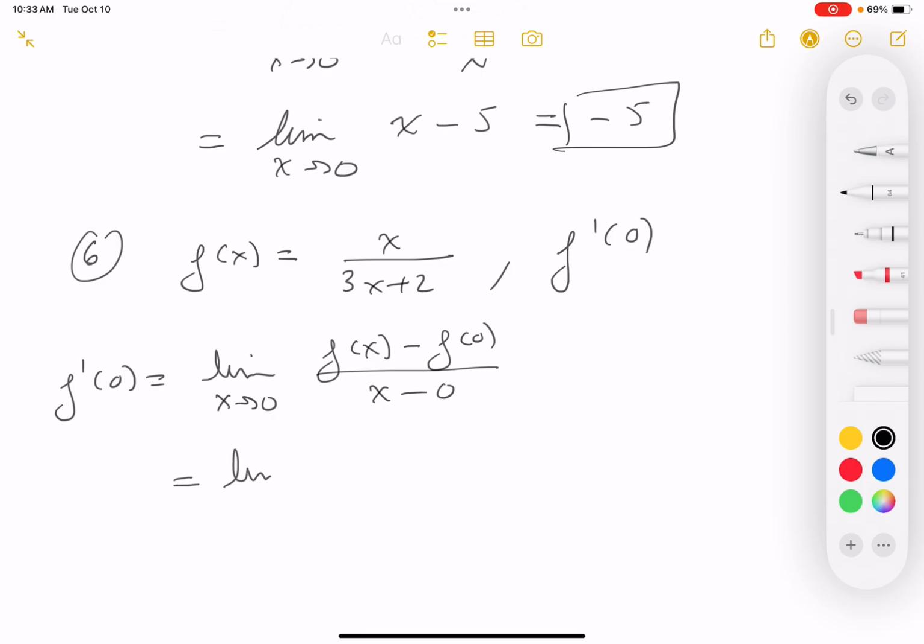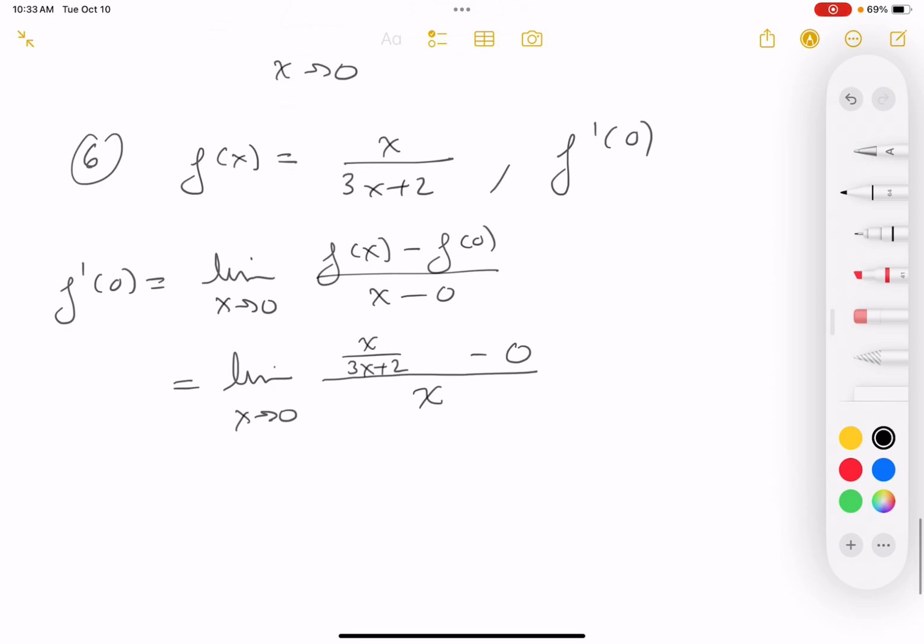Well, it looks pretty easy to do. x minus 0 is just x in the bottom. f of 0 is just 0. I'll write that down. And f of x is just x over 3x plus 2. I'm going to rewrite that as the limit as x goes to 0 of x times 1 over 3x plus 2, and there's an x there. And what do I know about this?